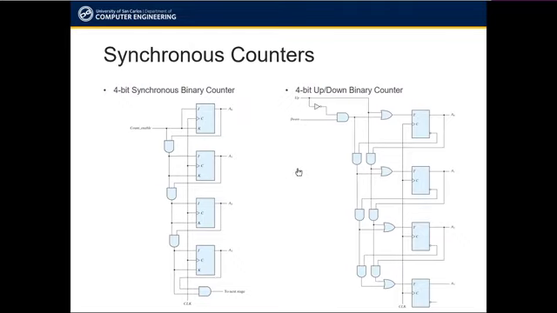You will notice that all the flip-flops for both counters are triggered by a common clock source. This for this circuit and this for this circuit. That characteristic of having a common clock source for all flip-flops makes these two counters synchronous counters.